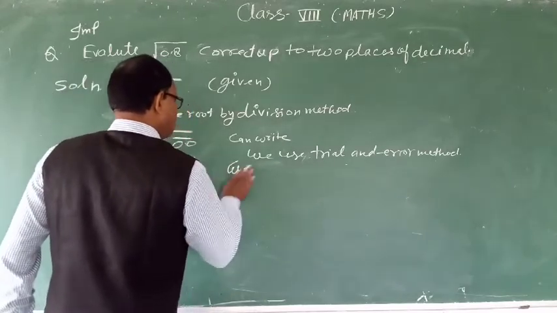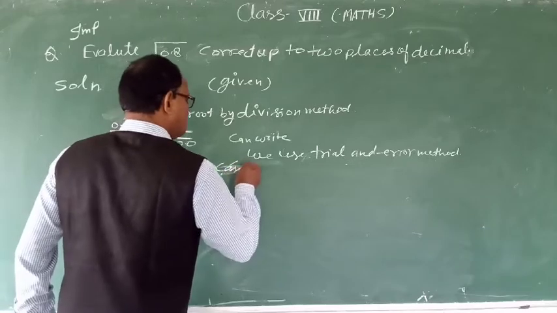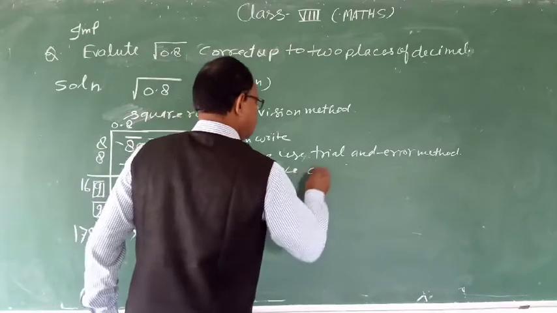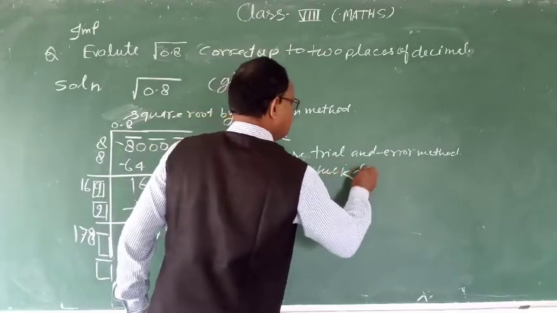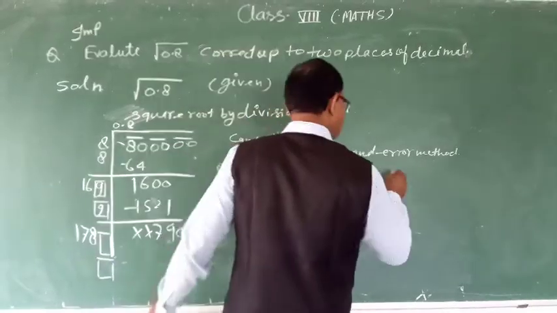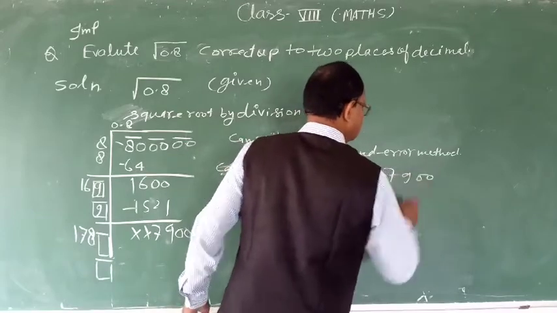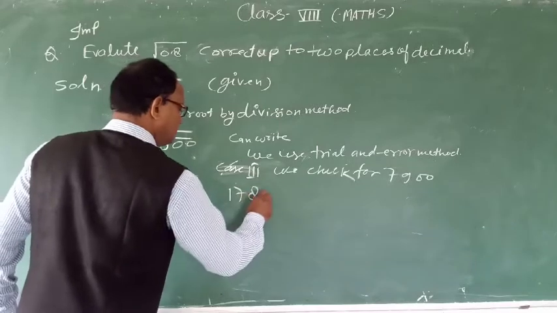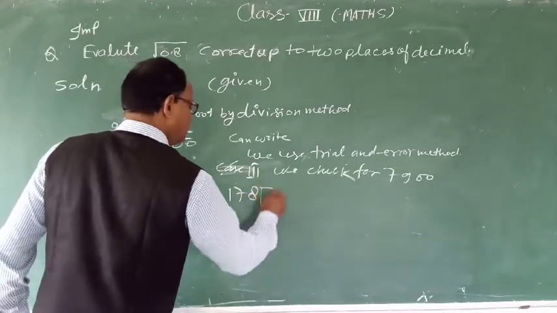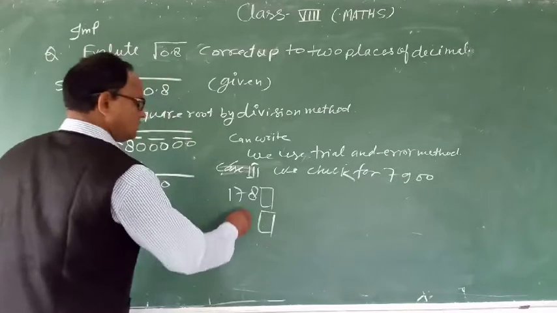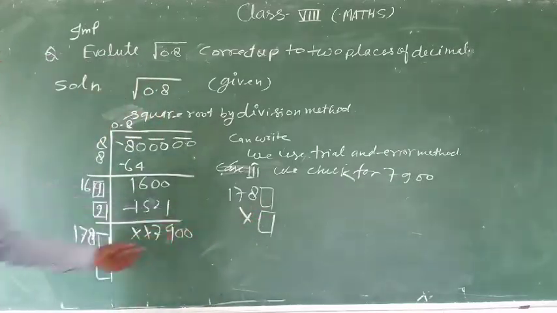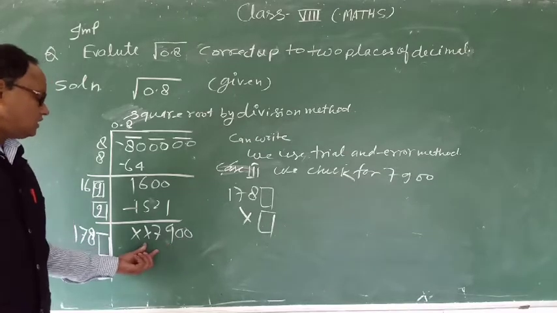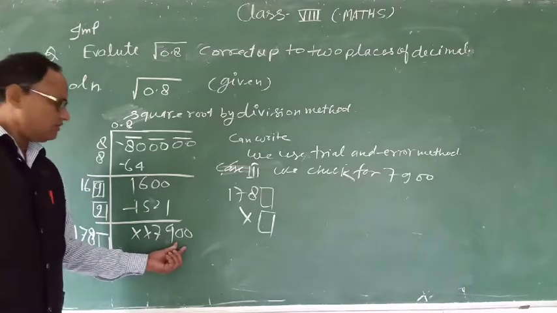Case third, we check for the number 7900. Here 178 make box. Which number's square multiplied in this gives 7900 or less than 7900, not more than 7900?